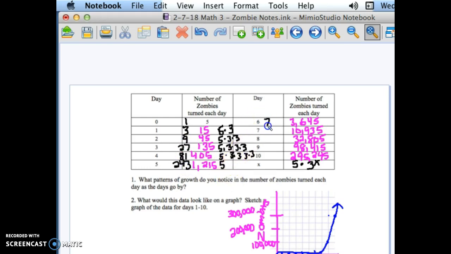Are these numbers way off? They are definitely less. Are they significantly smaller? Does anybody see the relationship? Times 3.